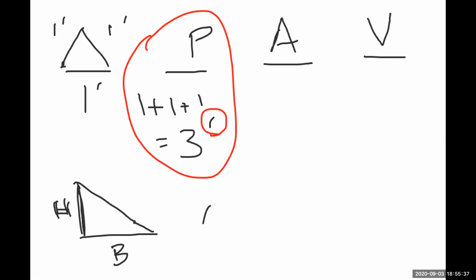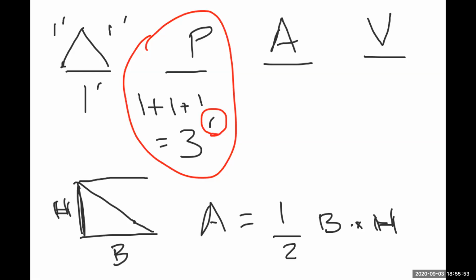The area of a triangle is 1/2 base times the height, essentially because this is half of a rectangle or a square. That's why that is there. Okay.